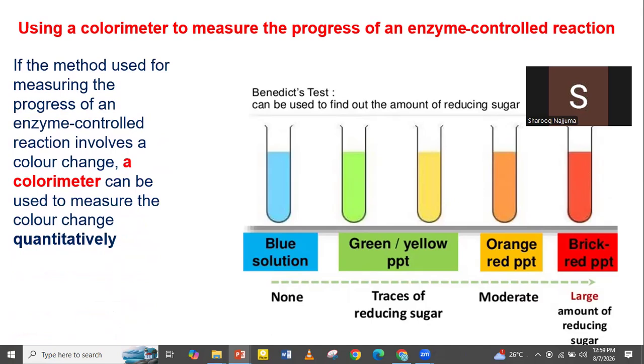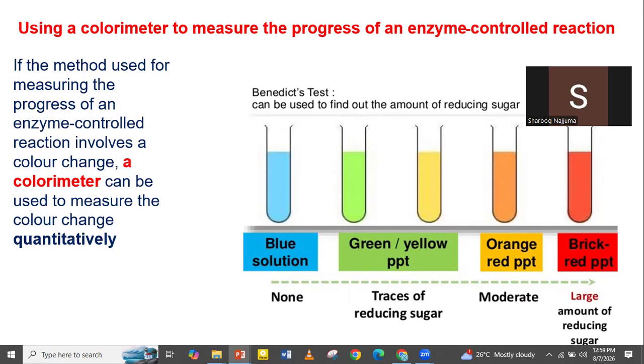So if the method used for measuring the progress of an enzyme-controlled reaction involves a color change, you've had examples of different experiments where you expect a color change to occur. Maybe the test for proteins, I'd expect purple to show presence of the proteins. So whenever we have a color change, then that is when a calorimeter comes into play.